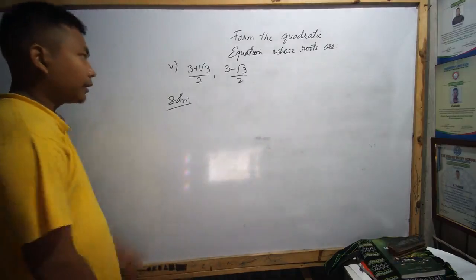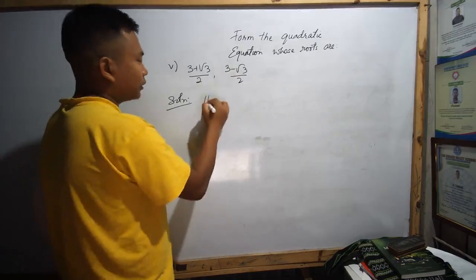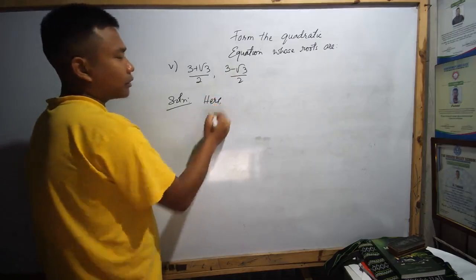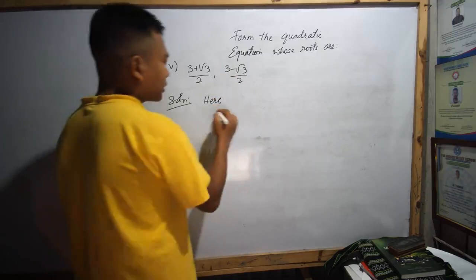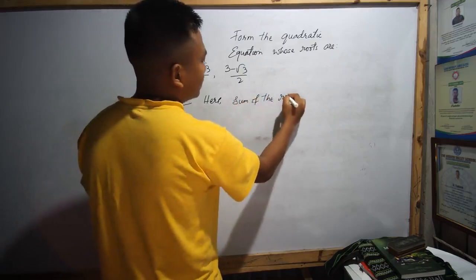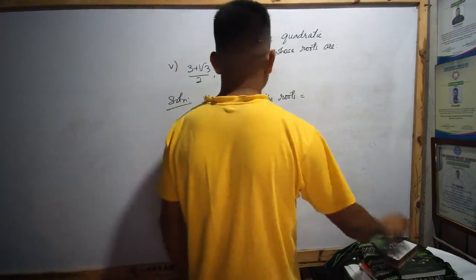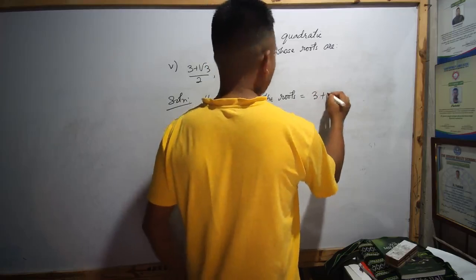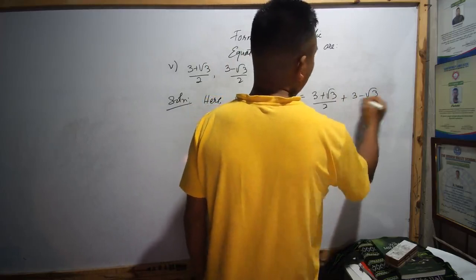Example: the roots are 3 plus root 3 by 2 and 3 minus root 3 by 2. To form the equation, again we need the sum of the roots and the product of the roots. Sum of the roots is 3 plus root 3 by 2 plus 3 minus root 3 by 2.